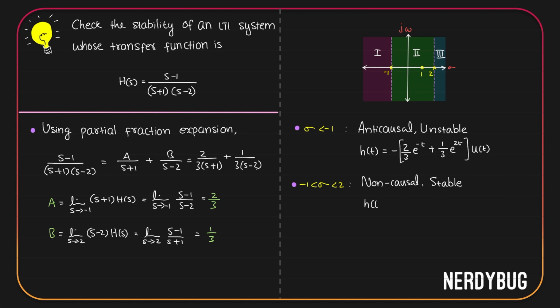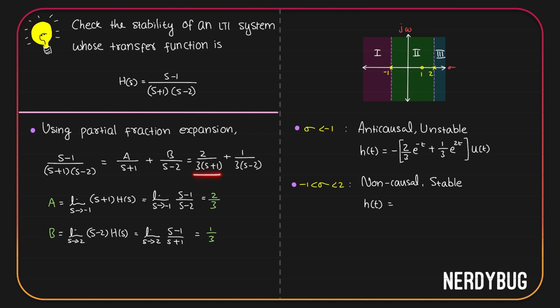Let's write its impulse response. For ROC to be between -1 and 2, the part that has pole -1 should have ROC towards right. That is 2 by 3 into 1 by (s plus 1) should have an inverse Laplace transform that is right-sided. Also, the one that has pole 2 should be left-sided. So 1 by 3 into 1 by (s minus 2) should have an inverse Laplace transform that is left-sided.